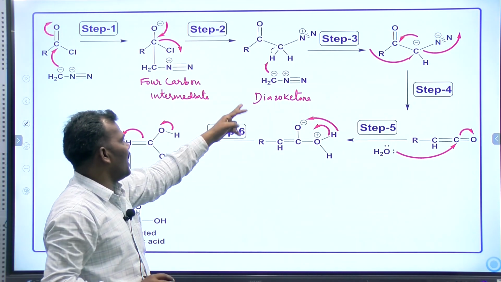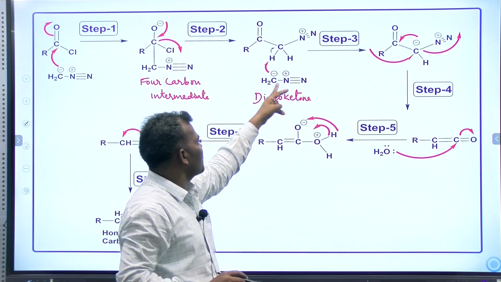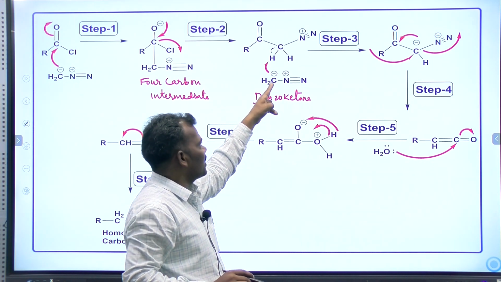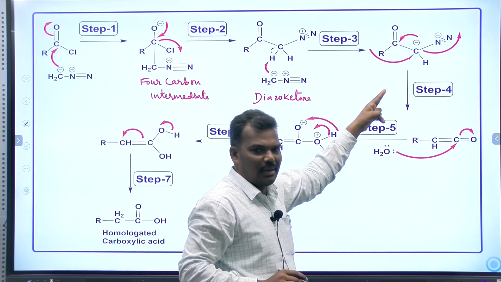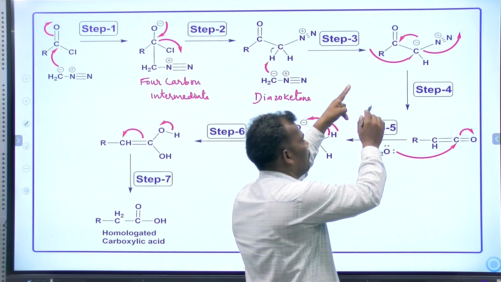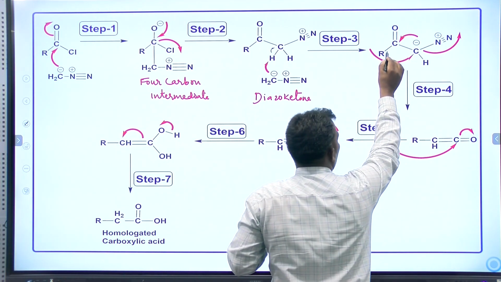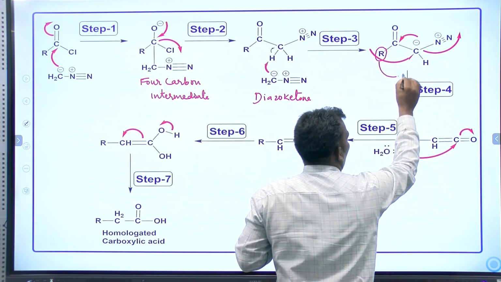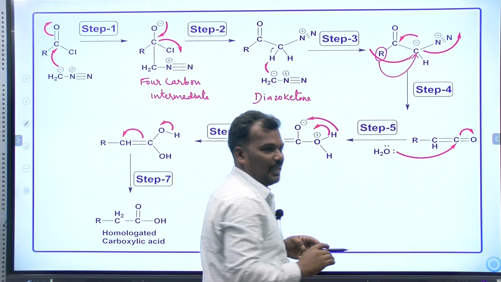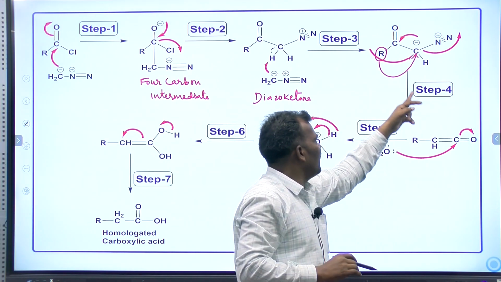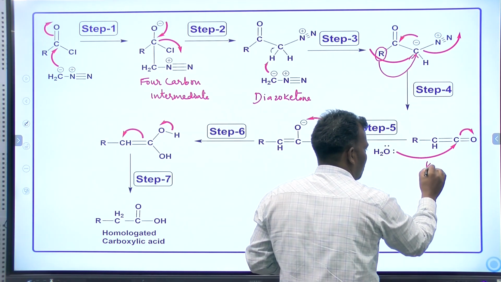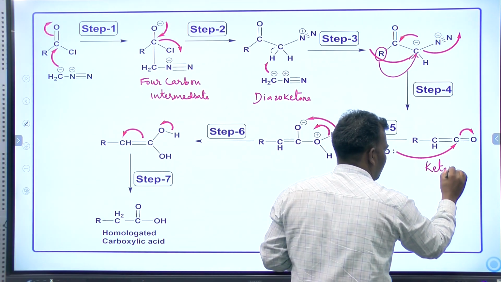Then in this diazoketone, abstraction of a proton by diazomethane takes place, and subsequently the migration of the alkyl group from the carbonyl carbon to this carbon takes place. That leads to the formation of the ketene intermediate.